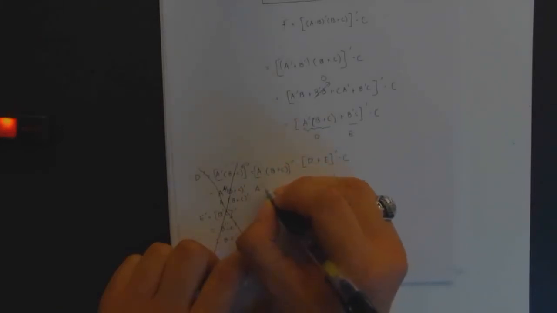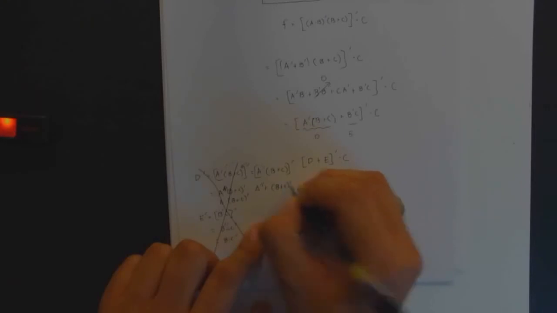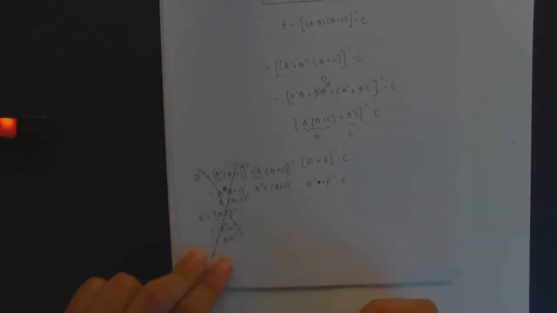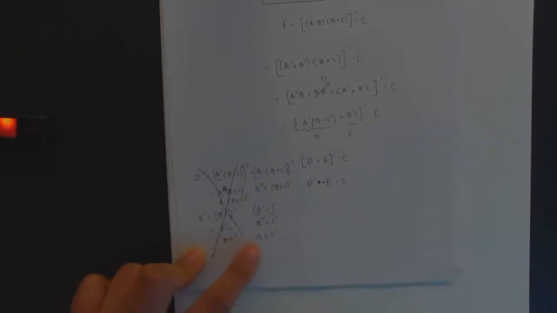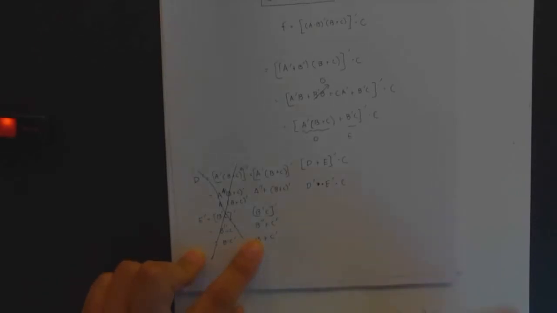Good, now it's going to be double not. Redefine, or rewrite, what D and E are. A prime prime, or B or C prime. Same thing with this one.